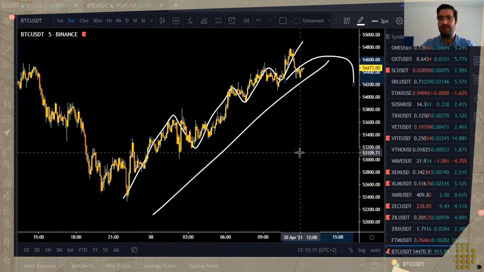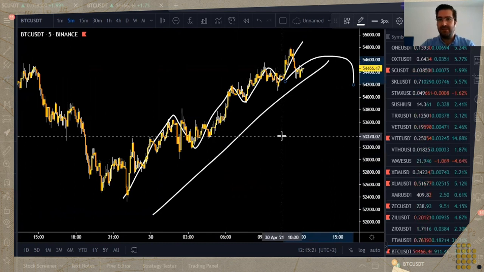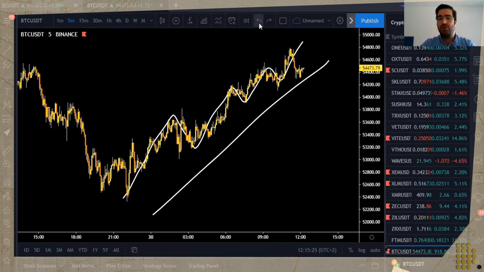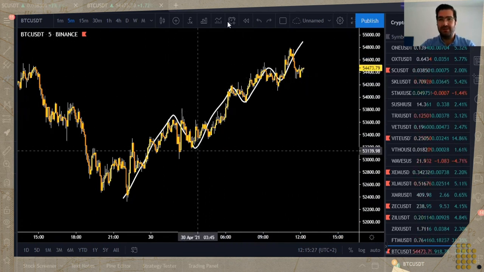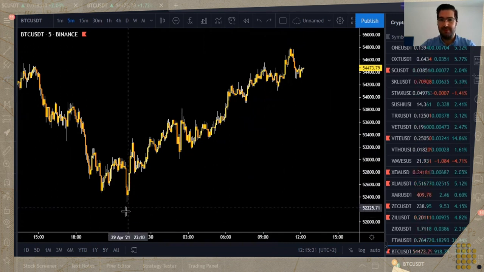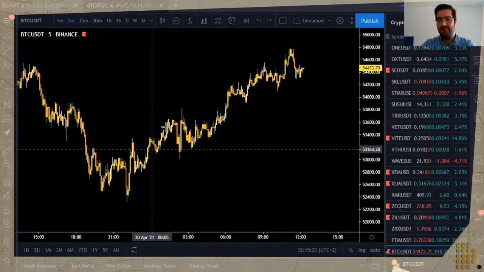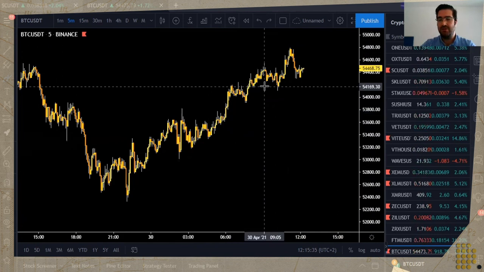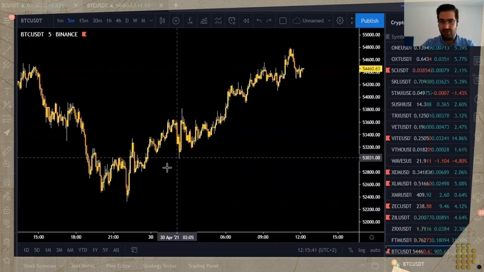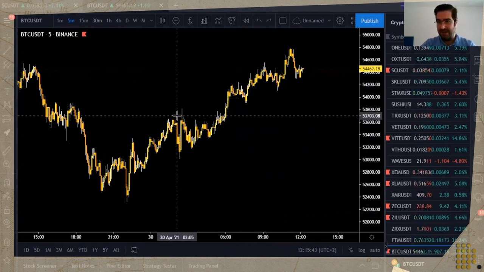This is one advantage. Second, the odds are in your favor whenever you trade a trend. Why? Because the momentum is in the same direction of your trading idea. So if you want to trade a trend, you should consider a buy position.